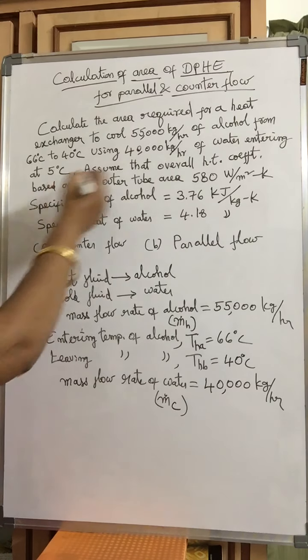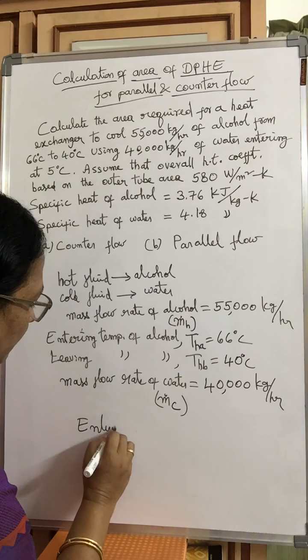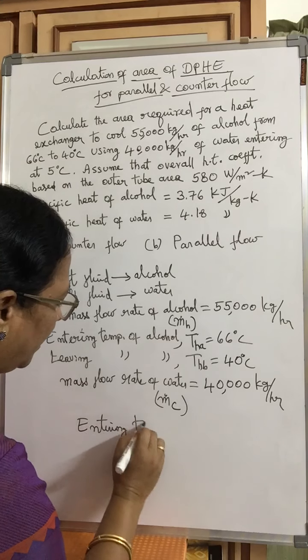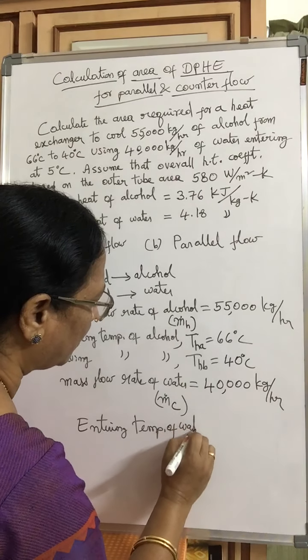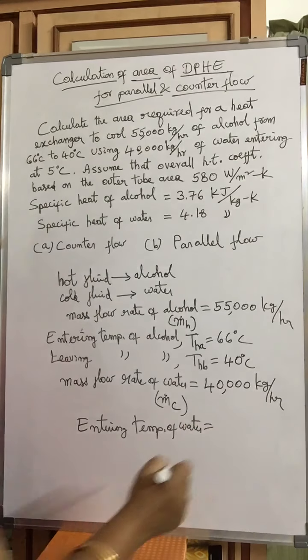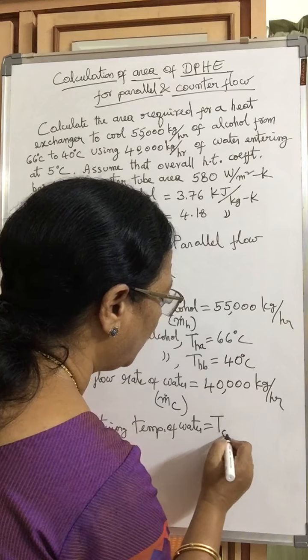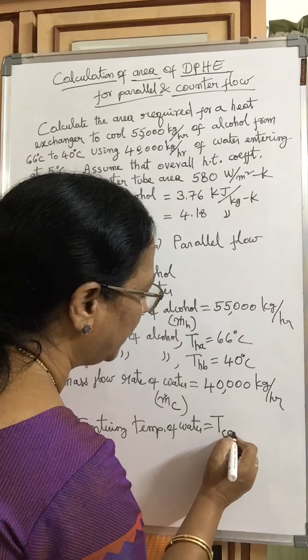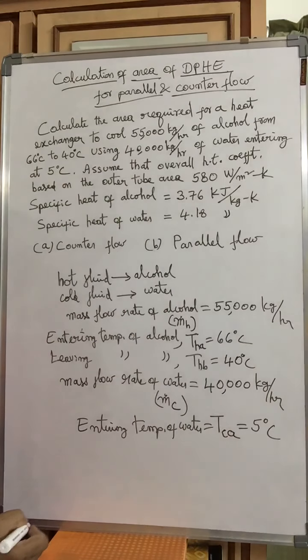Then the entering temperature of water. It is denoted by T_c, since water is cold fluid. Entering is T_ca, that is 5 degrees centigrade.